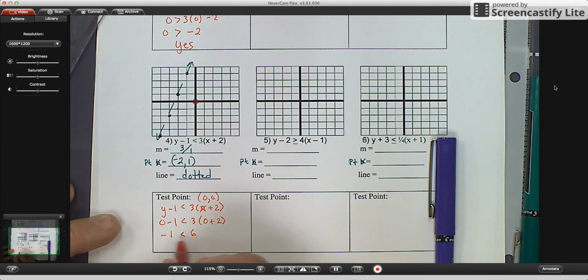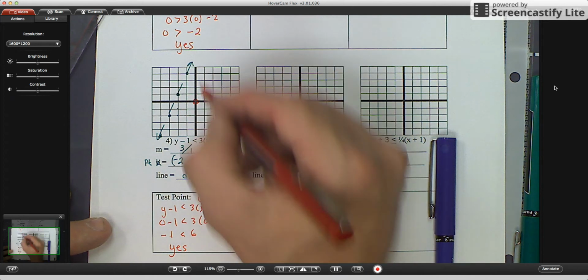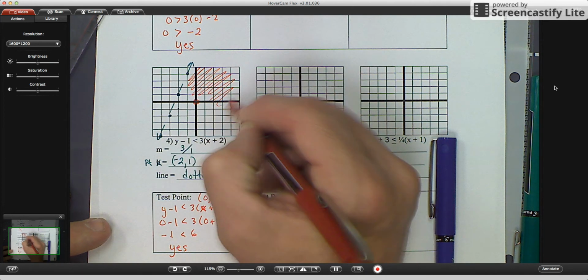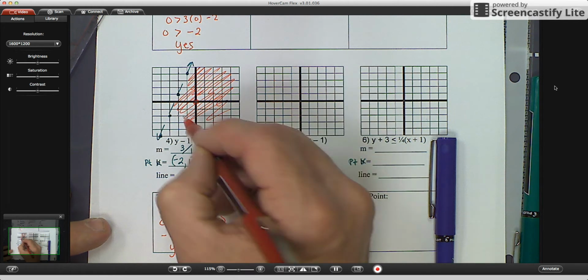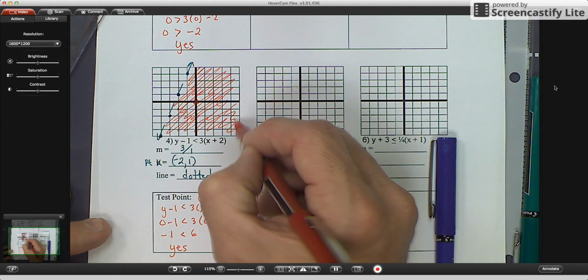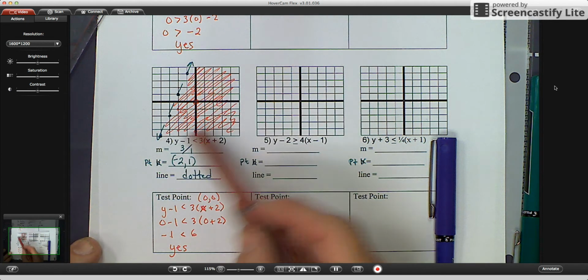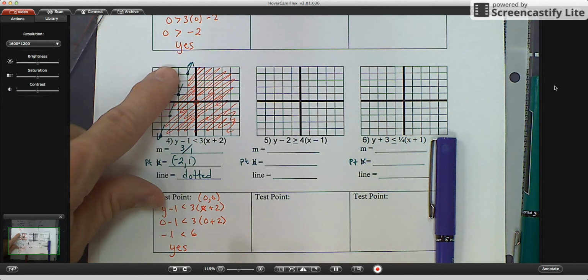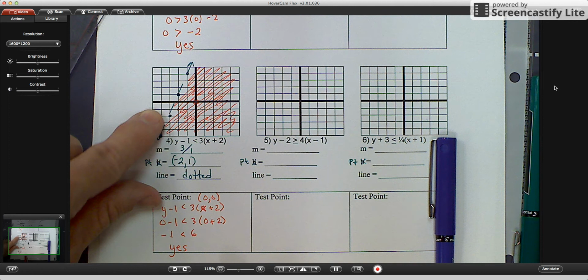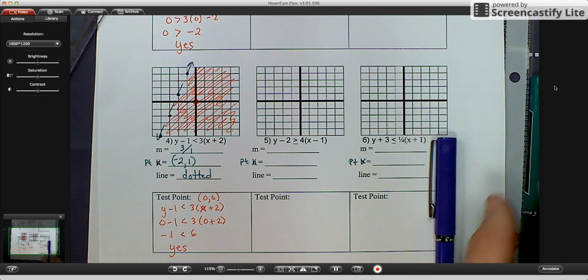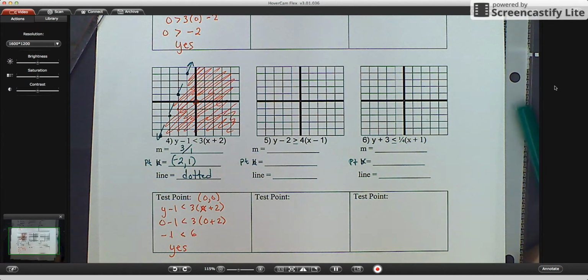Is negative 1 less than 6? Yes. And once it says yes, that means that 0, 0 and everything on this side of the line is a possible solution. And again, you could pick any other number in here and you would get an answer of yes. And if you picked any number in the white region right now, you would get an answer of no because the numbers would not work.